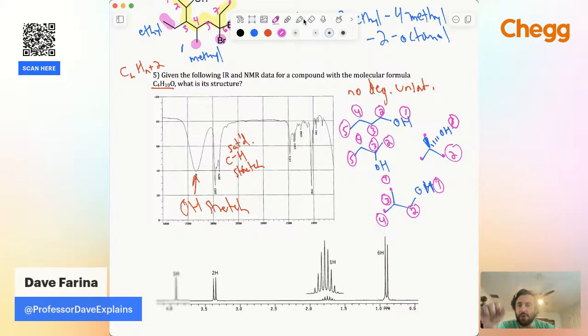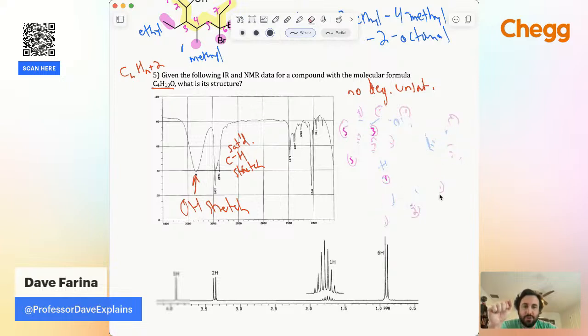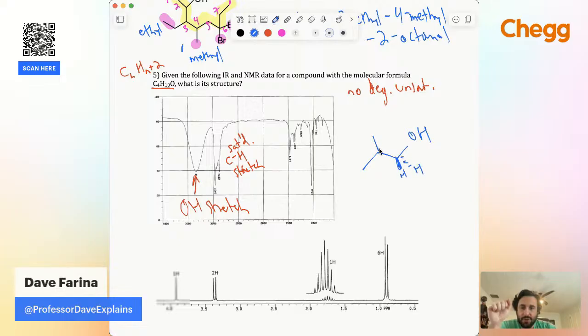So let's just redraw it. Let's get rid of all this and redraw it with all of the implied hydrogens. So we've got 2 hydrogens here, we've got 1 hydrogen there, and we've got these methyl hydrogens, these methyl hydrogens.